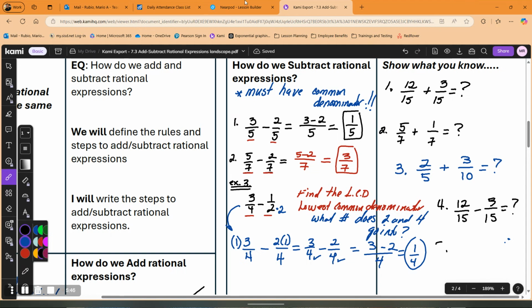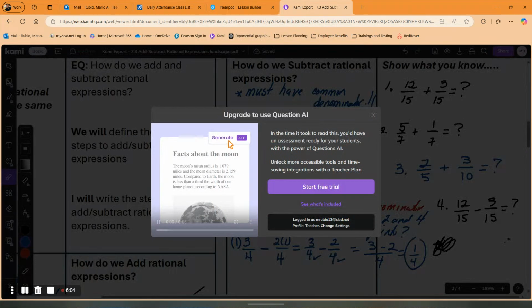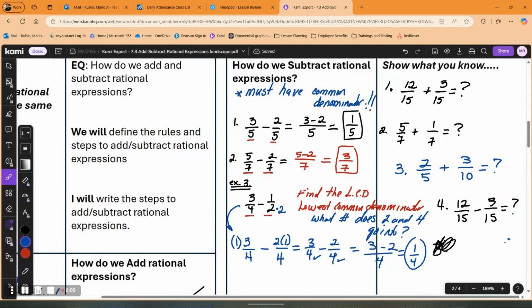Uh-oh, my pen's frozen. I think my whole computer froze. I don't know what happened, guys. It looks like it jumped time, so I think the thing froze. Sorry if something's messed up. If the video's messed up, just let me know.